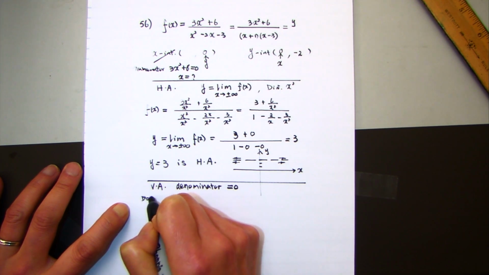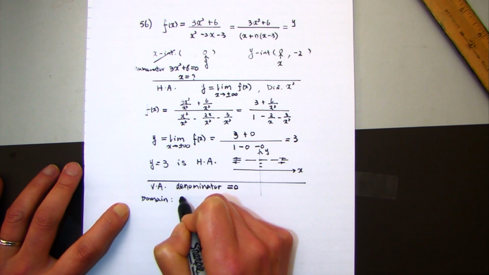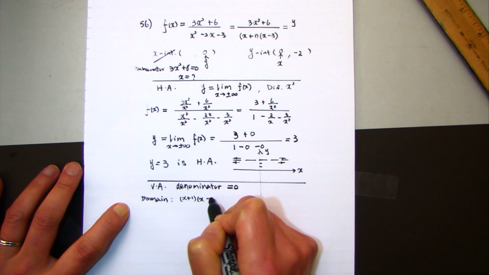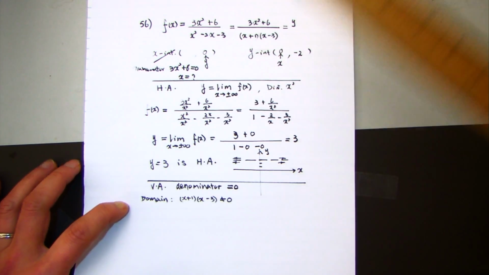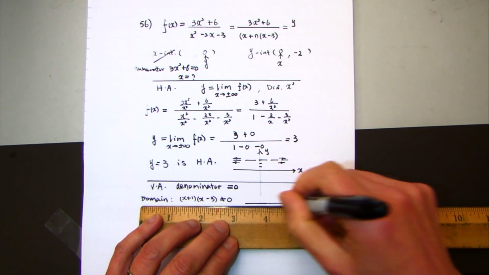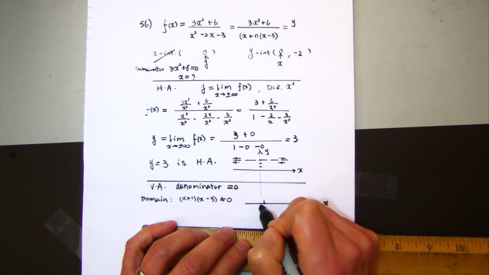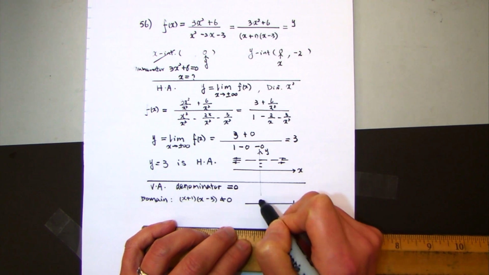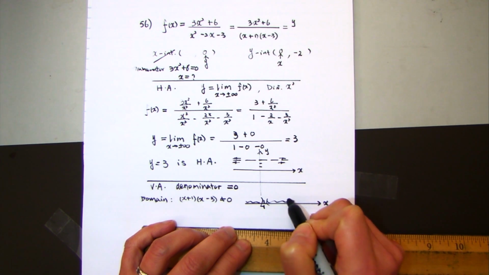The domain is going to take place where the denominator cannot be 0. The domain takes place when your x cannot be negative 1 nor positive 3.